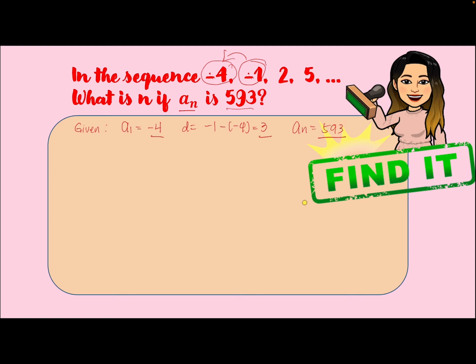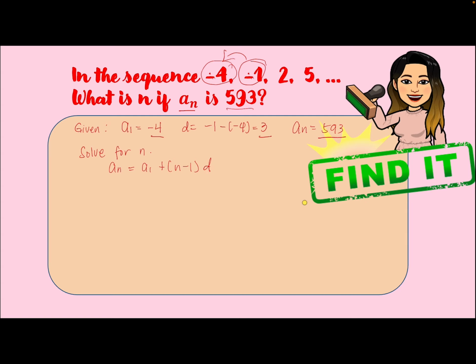So to solve for n, first you are going to use the formula of the nth term or the general term of the arithmetic sequence. So we have a sub n is equal to a sub 1 plus the quantity n minus 1 times d.